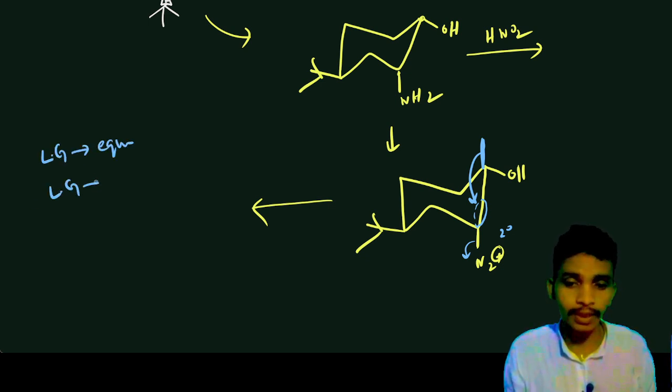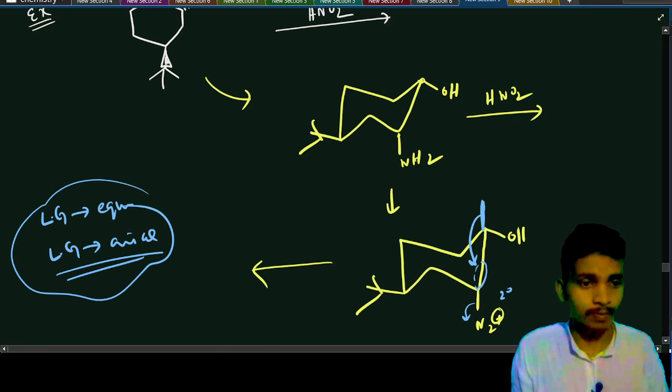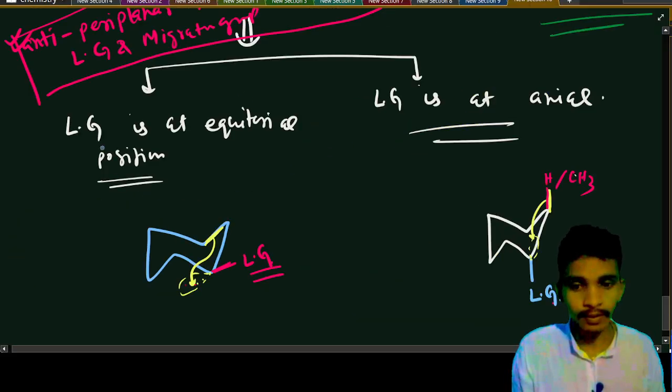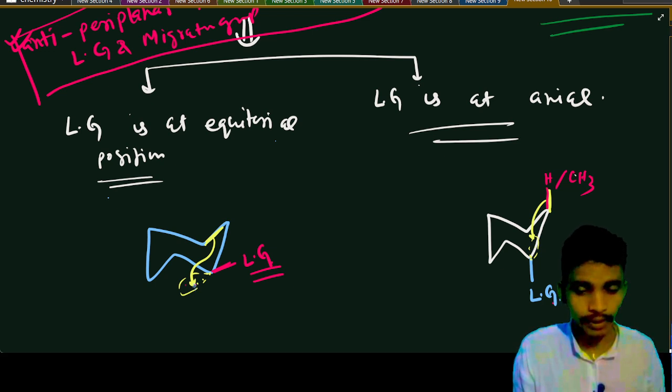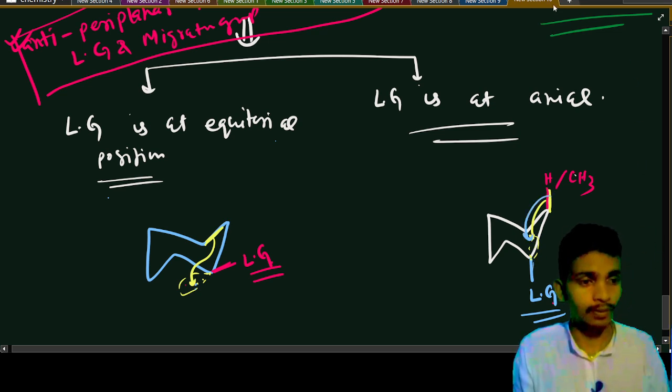If the leaving group is axial, then which is the migratory aptitude? I have explained this, right? If the leaving group is at the equatorial position, then this will be the migratory group. If the leaving group is axial, then this is going to be the migrant.